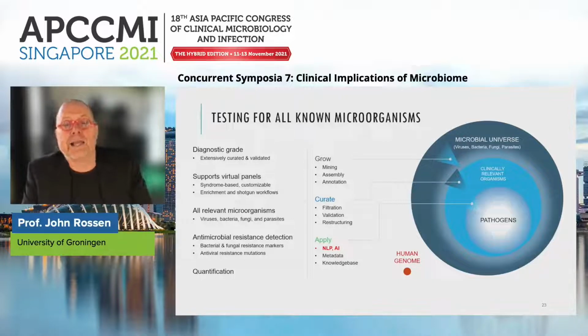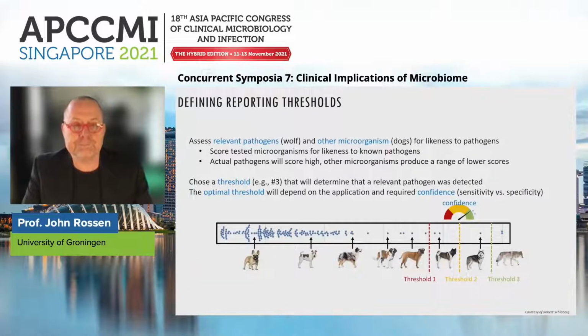Now we can combine already existing knowledge in literature and apply this by using all kinds of artificial intelligence and machine learning methods to train the software to report the detected pathogens in a way that makes sense for the clinician.